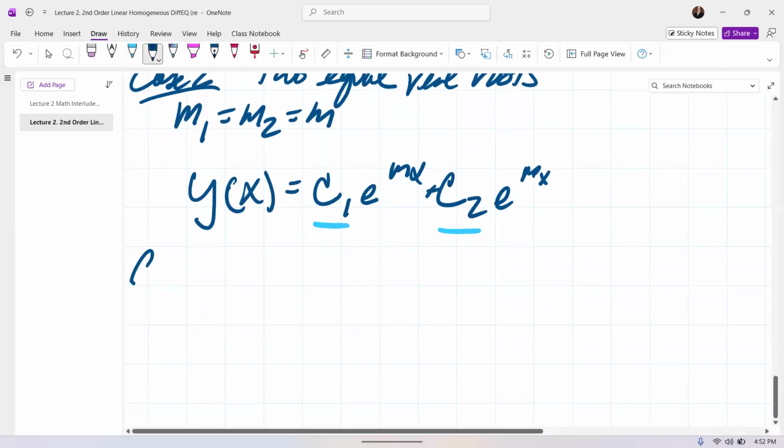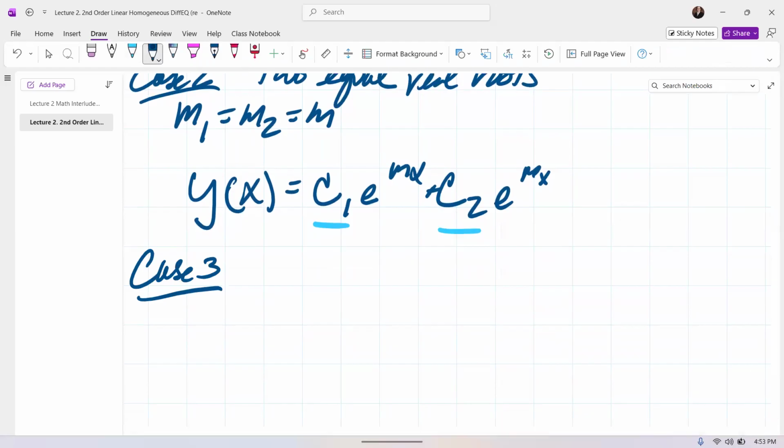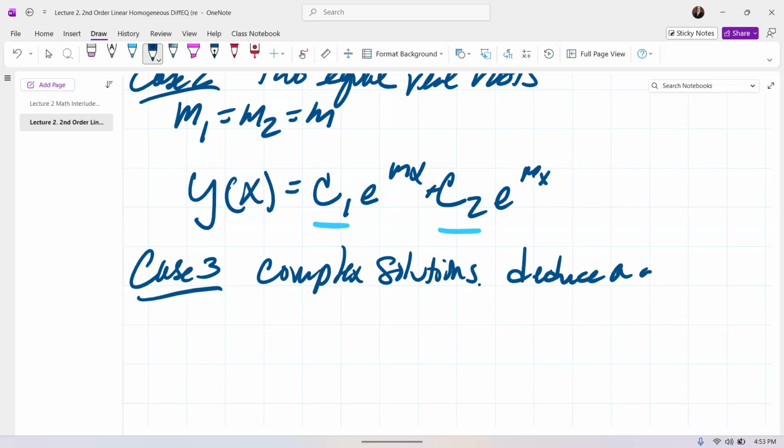Case 3 is that you would have complex solutions. That means the imaginaries, so deduce the a and the b from the answer.